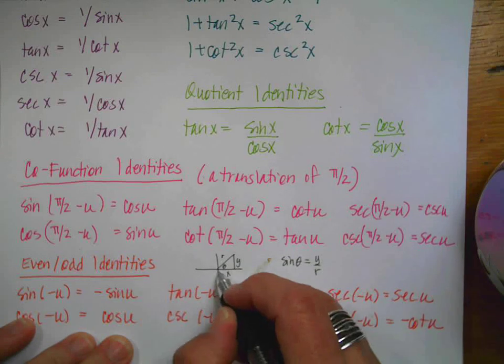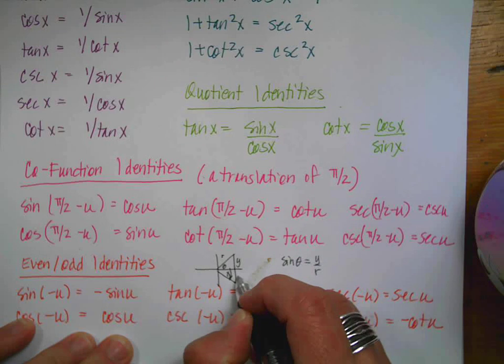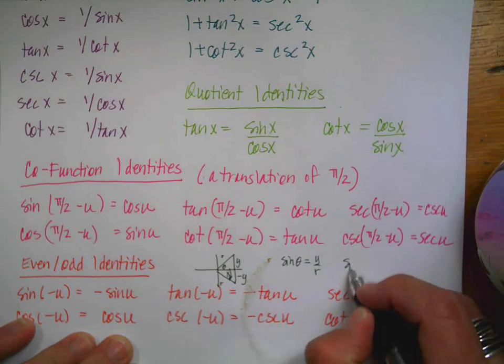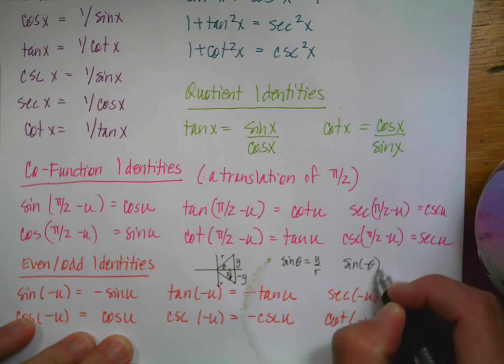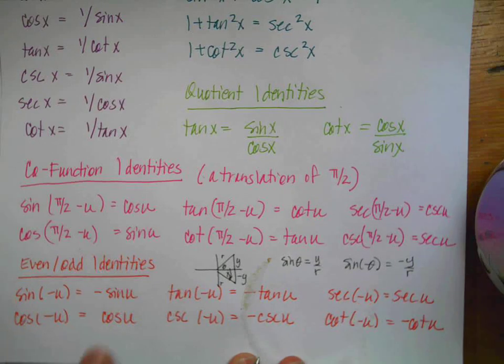Well, then let's do the negative rotation, and let's take the angle down here. And so this would be a negative y. X stays the same, r stays the same. So then the sine of a negative theta is going to be a negative y over r. And so that's where they have the negative sine theta. So you don't necessarily have to memorize all of these. There will be more to use as we go along.